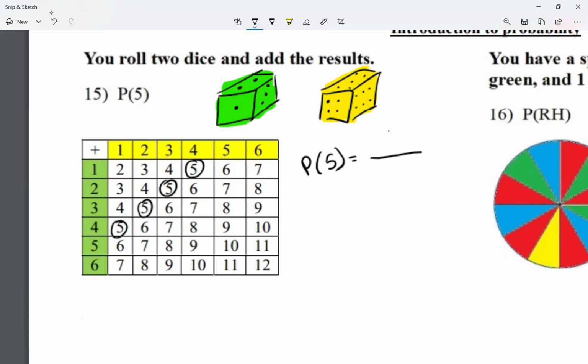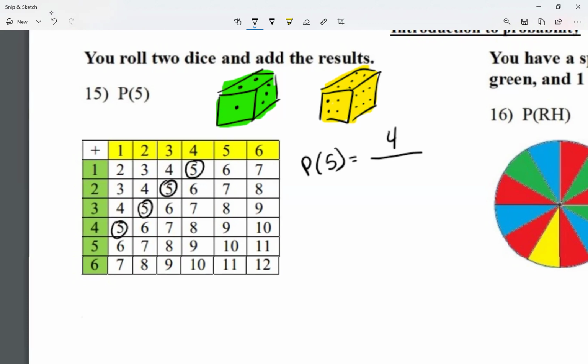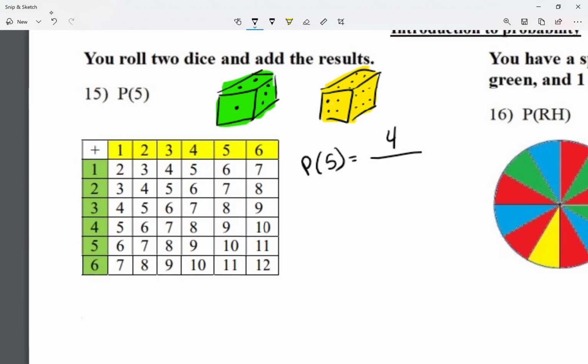I'm going to say 4 times. At the bottom, how many possibilities are out there? How many are all the possible outcomes? There's 36 of them. If you see how many white squares I have, 36. So I have 4 out of 36.